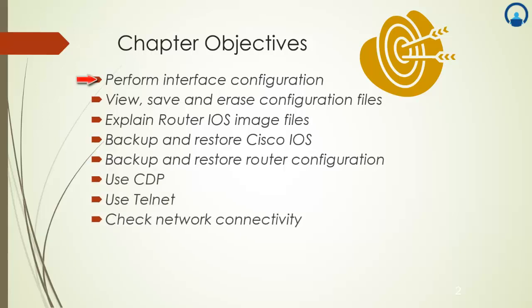Perform the interfaces configuration, view, save, and erase the configuration file, explain the router IOS image files, backup and restore the Cisco IOS, backup and restore router configuration, then use the CDP protocol, that is Cisco Discovery Protocol, then how you can use telnet, and how you can check the network connectivity between the Cisco networking devices. So this is all about the chapter objectives which we are discussing in this topic, basic router configuration.